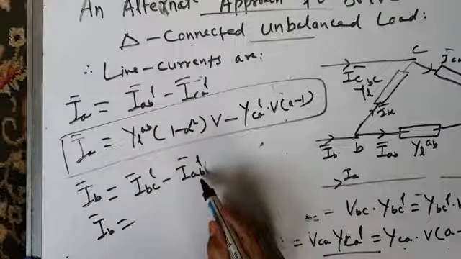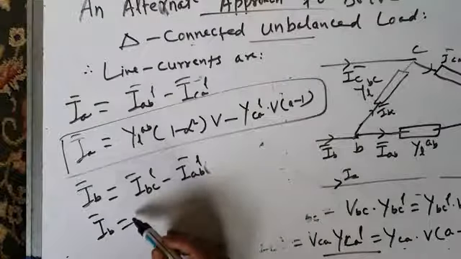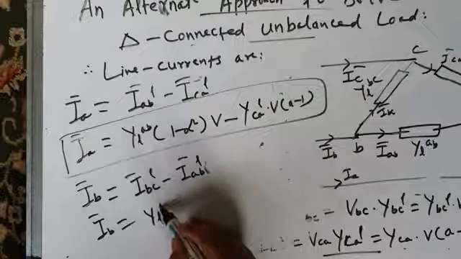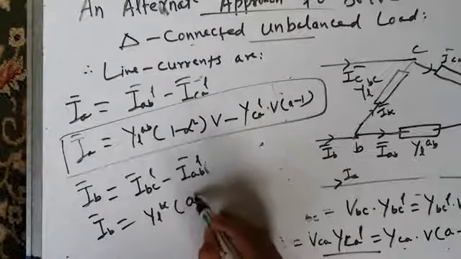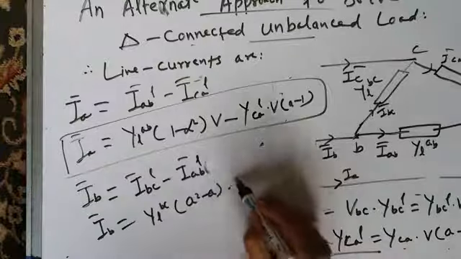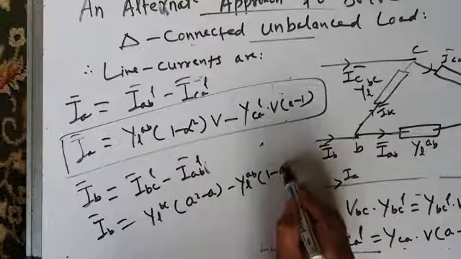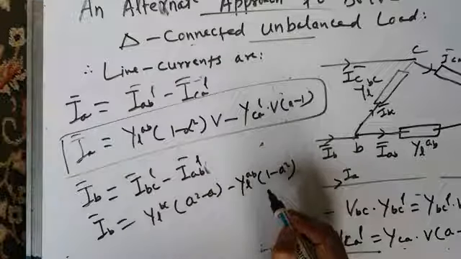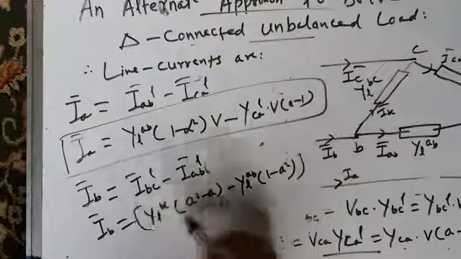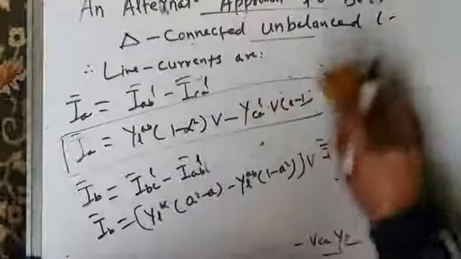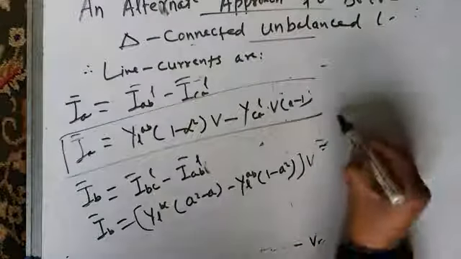So IB will be equal to YLBC into A square minus A, minus YLAB into 1 minus A square, whole multiplied by V. And similarly, you can find IC.